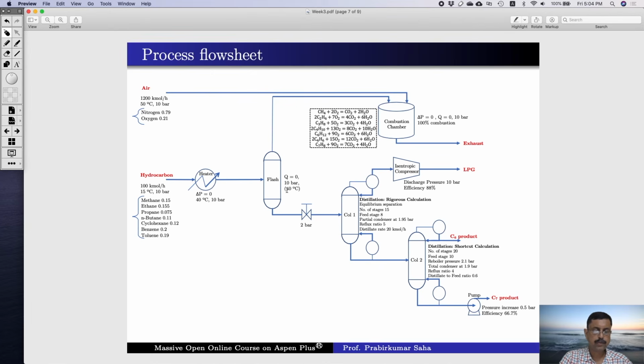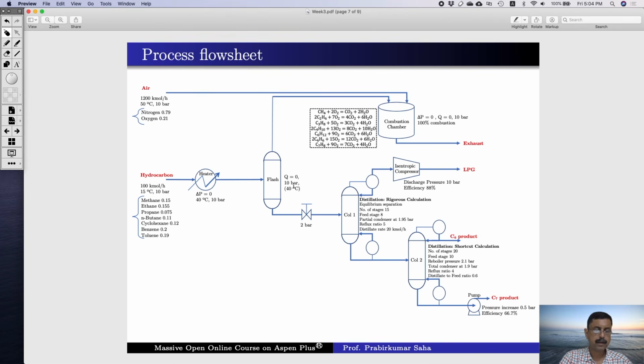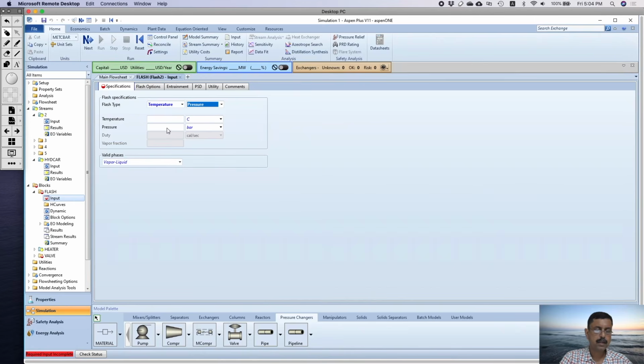Now we have to choose any 2 of them, because it is asking any 2 between temperature, duty, vapor fraction, and here between pressure, duty, vapor fraction. So we shall choose these 2, that is Q equal to 0 and 10 bar. So we will choose heater duty, which is 0, and pressure is 10. Then it is blue ticked.